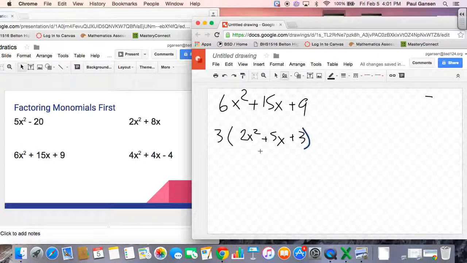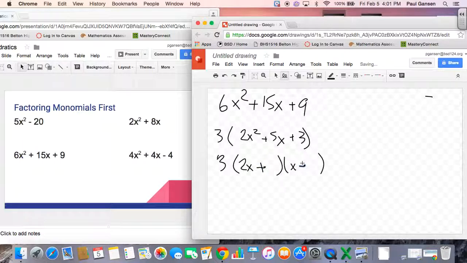We can use the guess and check method that we had before, or we can use the Xbox method. I'm going to go back to the classic guess and check method for this. If you want to use the Xbox method, that's fine. In order to get 2x squared, I know I have to have a 2x and an x. I know that this plus sign tells me my symbols will be the same. Specifically, they're both going to be positive, which is really fortunate.